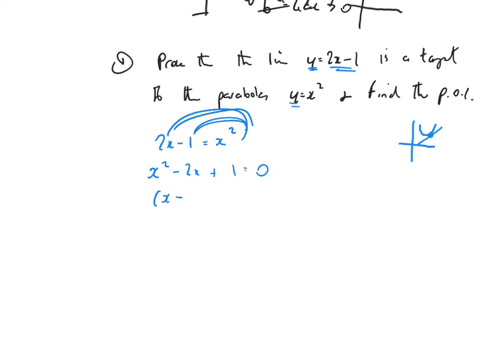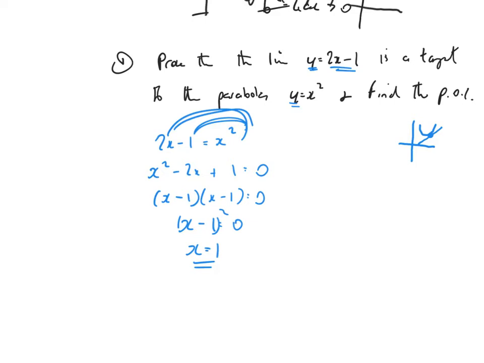I can then factorise: two numbers that multiply to give 1 and add to give minus 2 are minus 1 and minus 1. So I get x minus 1 all squared is equal to 0, and that gives me an x coordinate at the point of contact of 1. Now let's prove tangency. We prove tangency by going after the discriminant.